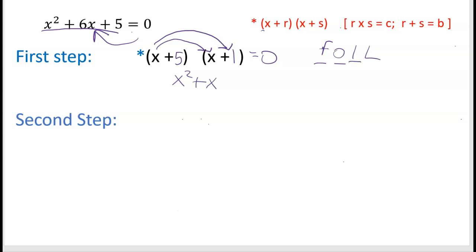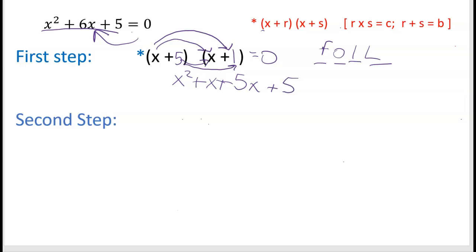Next, I in FOIL stands for inside. We're going to multiply the inside terms. 5 times x is plus 5x. And then last, L for last, we're going to take the two last terms. 5 times 1 equals plus 5.